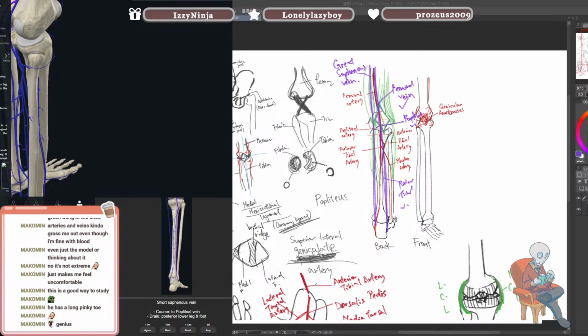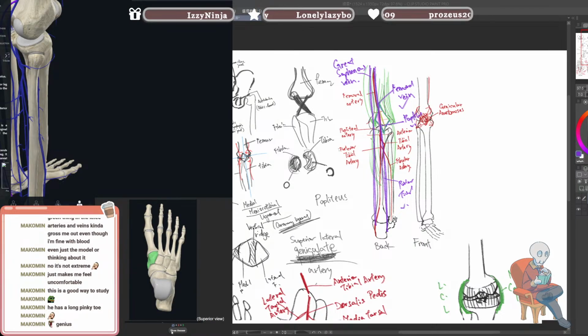Fine. And I thought that there is less thing I need to remember. Parts. Oh, bones. A specialty.